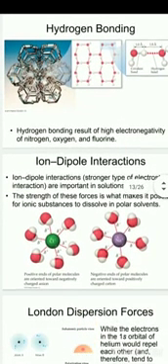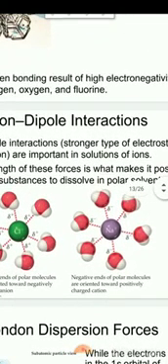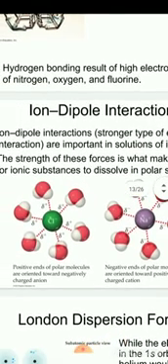Next is ion-dipole force. Ion-dipole force is present between an ion and a polar molecule. For example, when NaCl dissolves in water, Na+ is attracted by the negative part of water, that is oxygen, and the chloride ion is attracted by the positive part, that is hydrogen.